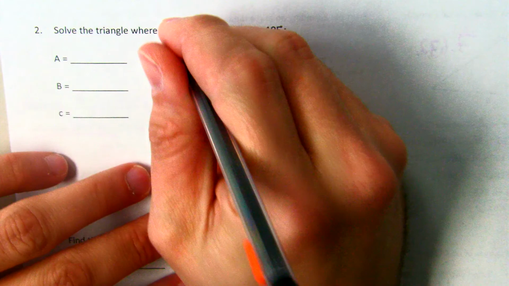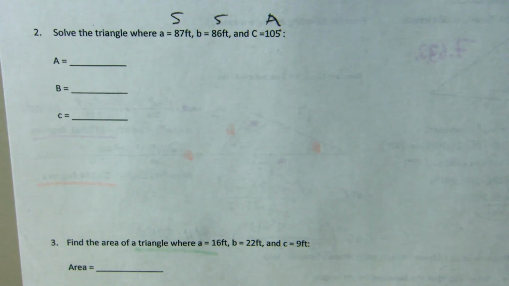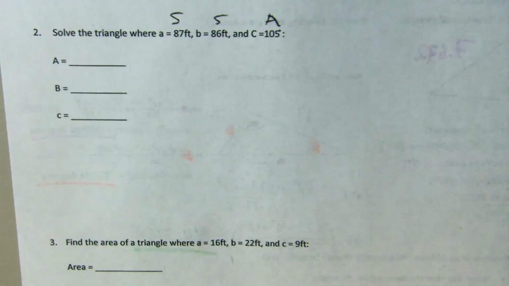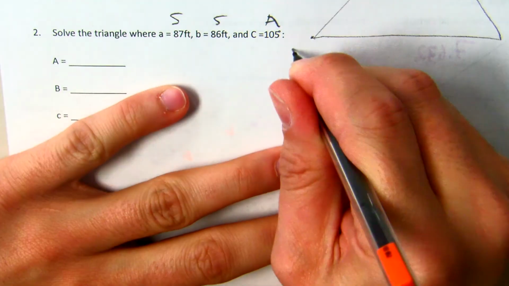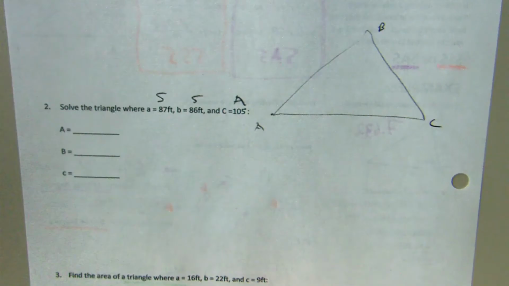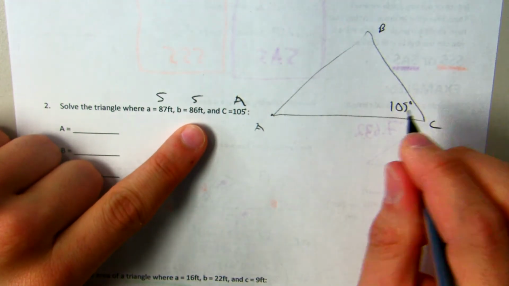I've got side, side, and an angle. So you may at first think, okay, great, this is going to be law of sines. But it's not really side-side-angle. It's just the order that the information is given to you. If you sketch yourself a triangle, and I'm not going to sketch this anywhere near to scale because I'm saying this is 105 degrees.